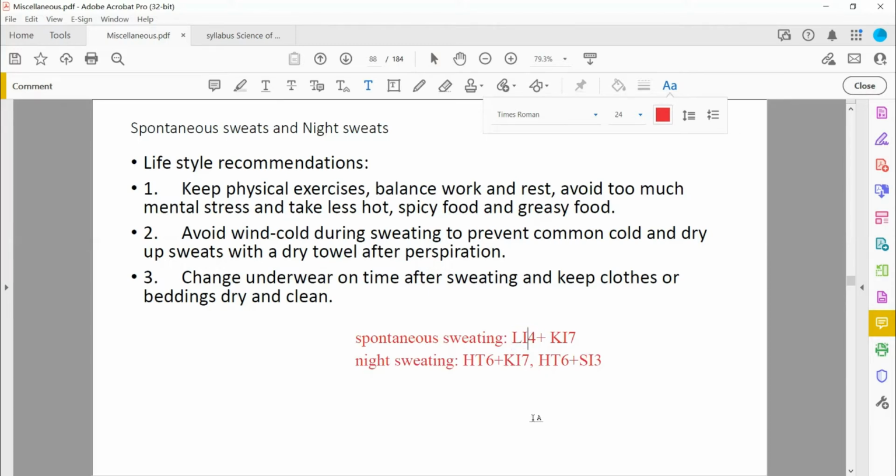Spontaneous sweating, for example, if the exterior is very deficient, the wei qi deficiency cannot hold the body fluid, that is the sweat, then there will be spontaneous sweating. So that's why I use the LI4. Kidney 7, that's an empirical point for the sweating. Right. SI3, that's the empirical point for the sweating.